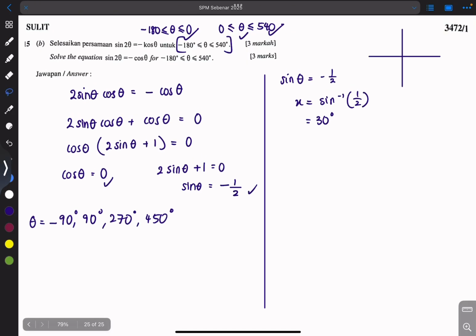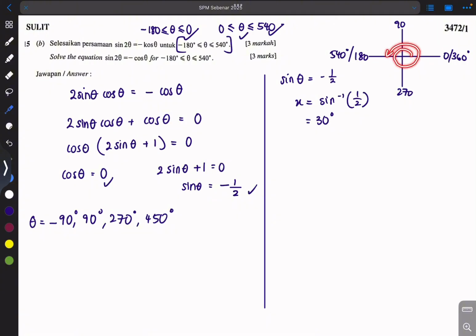Okay, so let's solve for the positive cycle first. Between 0, 270, 360 until 540. So 1.5 cycles. Sine is negative in these 2 quadrants. So from here, the first cycle we will get 2 answers, and then we go another half here, no answer.